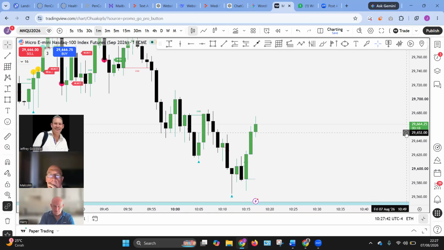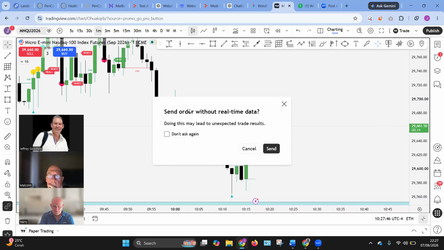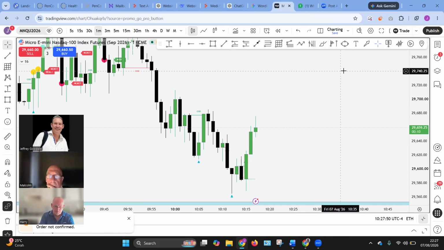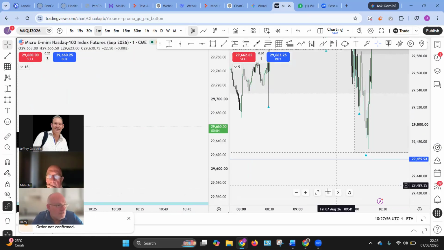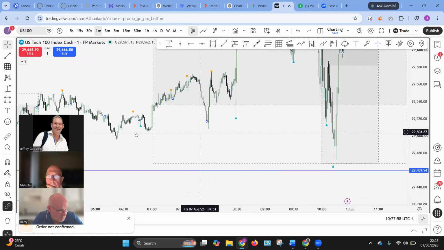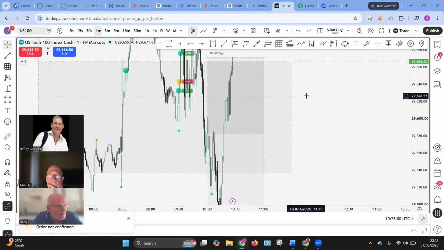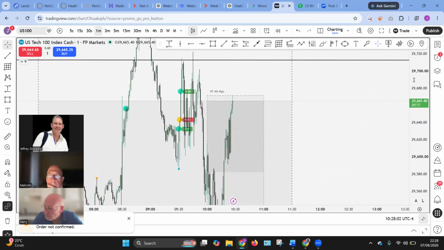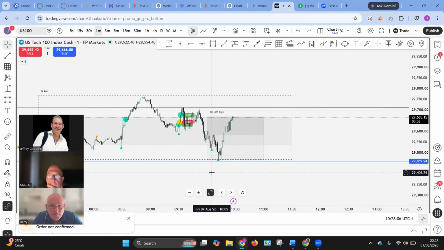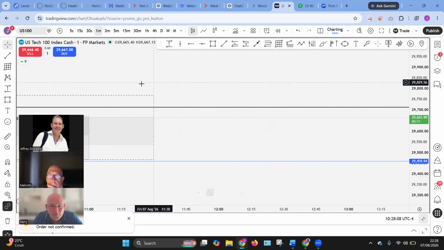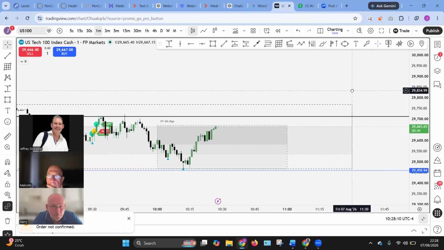Let me try and do a buy limit order. I was on paper trading. This, okay, here's a different one. That looks very different, doesn't it? That looks very different. It's actually the same thing. But let's do it anyway.